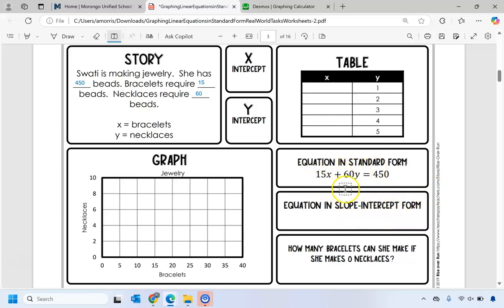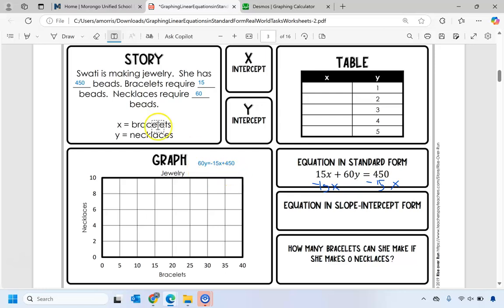So to change this into slope-intercept form, I have to subtract 15x from both sides, okay? And then when I do that, that's moving it over. So then I get 60y is equal to negative 15x plus 450. Then I have to take each term and divide it by 60.